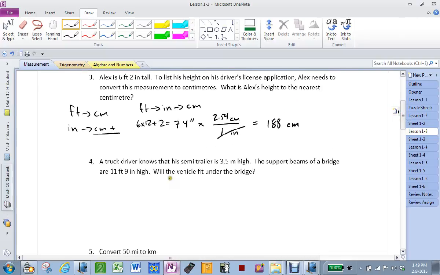Now, this question is spectacular. I love this question, because this question is a real life situation. One time, I was driving in the United States. I had to enter an underground parking garage that said, low clearance, meaning the ceiling was not very tall.